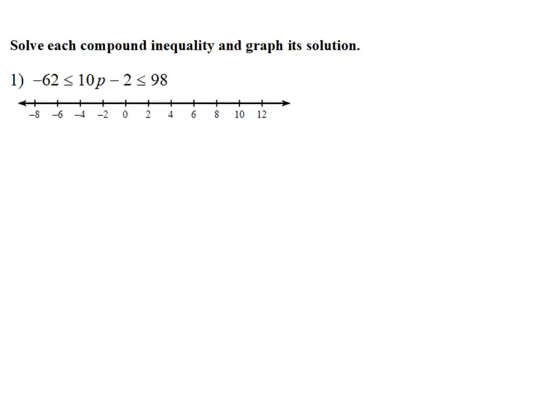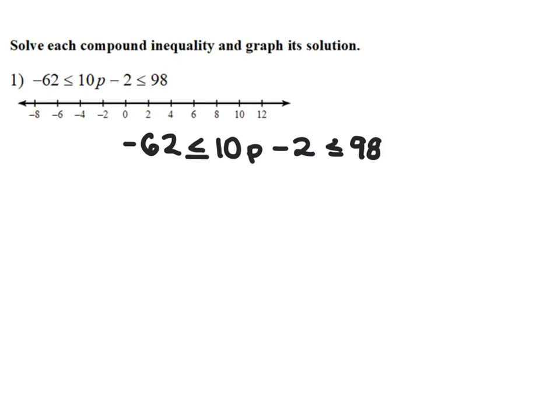For the next example, our inequality is -62 is less than or equal to 10p minus 2 is less than or equal to 98. Now, if I want to isolate the 10p minus 2, to solve for p, you have to first get rid of this -2, just like we're solving an equation.